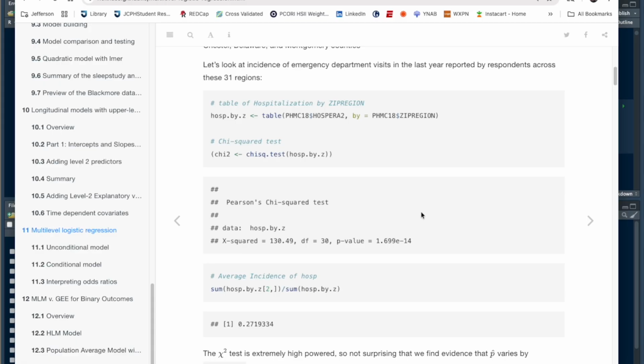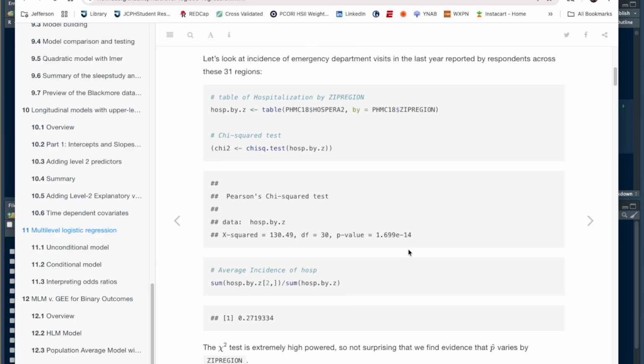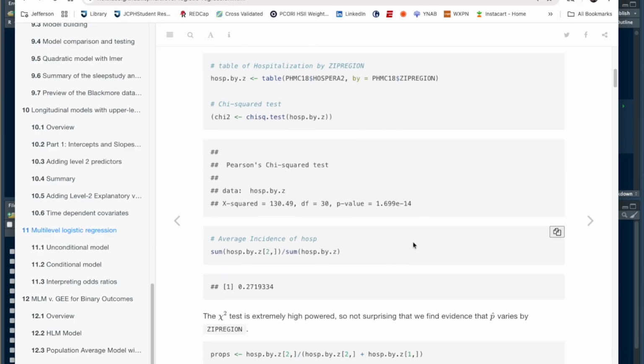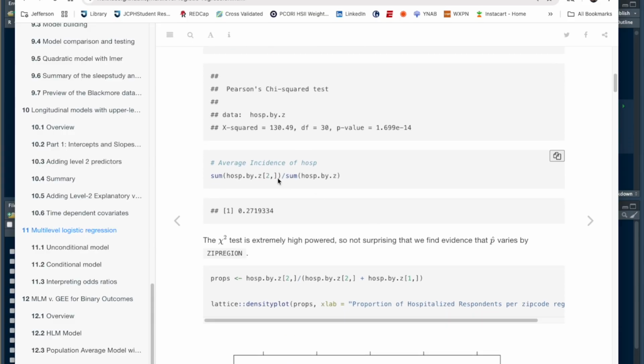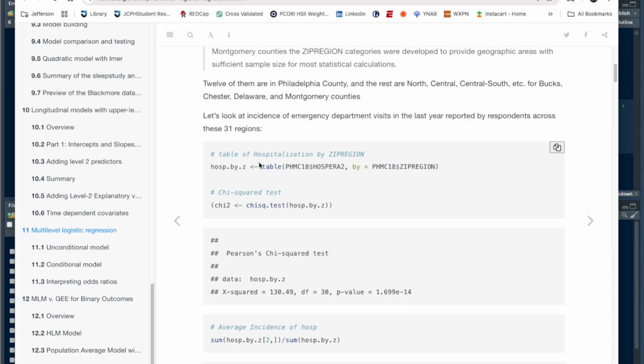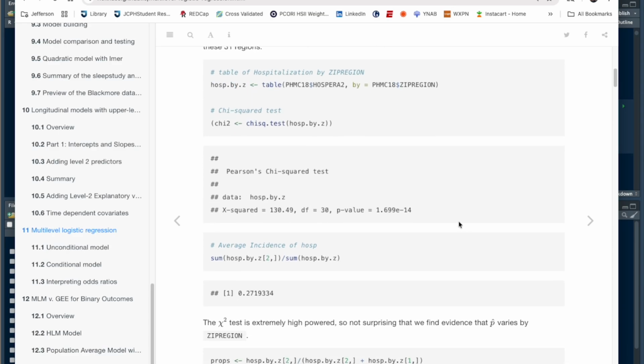So what we want to do is model that variation and take it into account in modeling individual predictors of hospitalization. A cool thing we can do is try to visualize what the model is going to be doing. From this table, we can get some descriptive statistics that help us with our modeling.